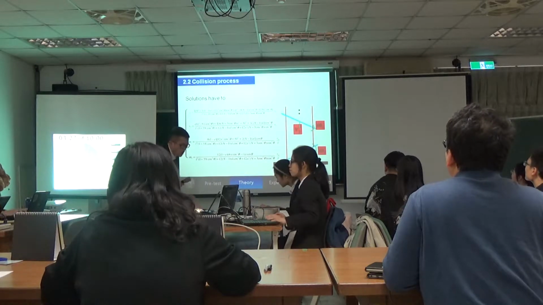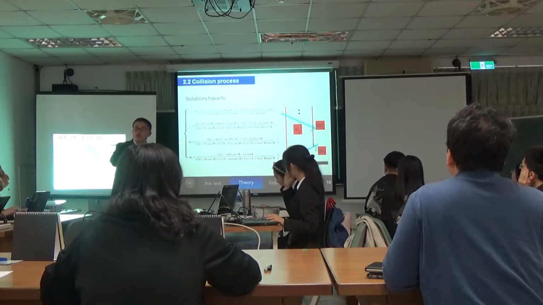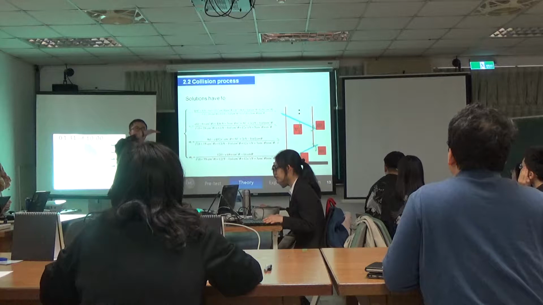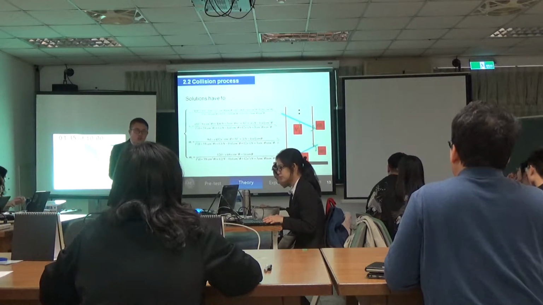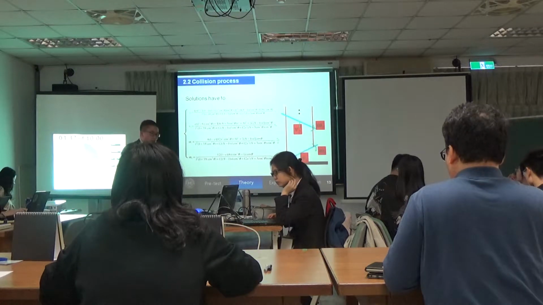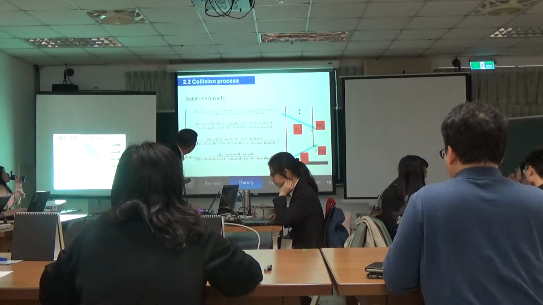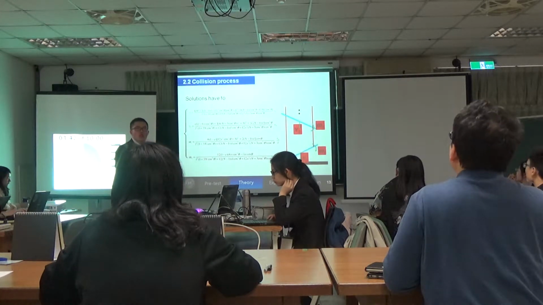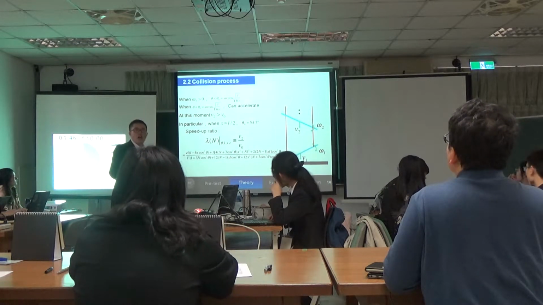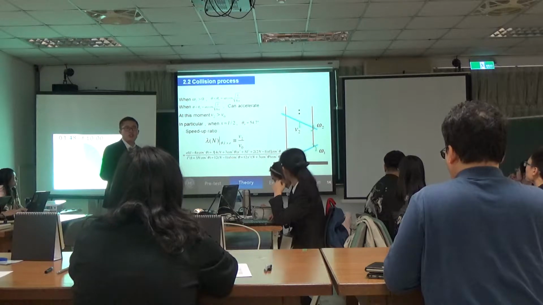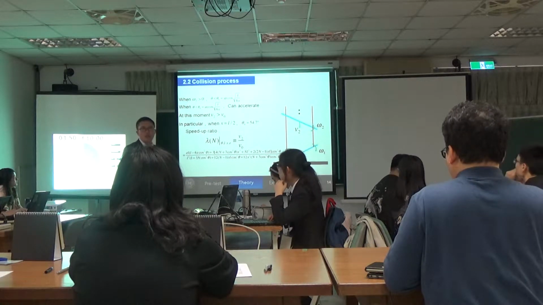V2 is the velocity of the above block after collision, and V1 is the velocity of the last block after collision. If we need our chain to get faster, we need omega 2 to be bigger than 0. So it means that our theta is smaller than theta 0. For theta 0, we can have a serial analysis.